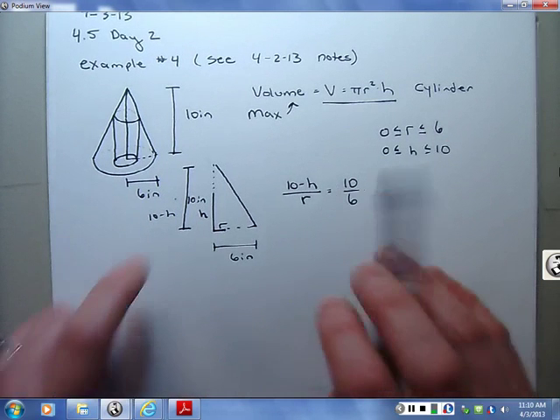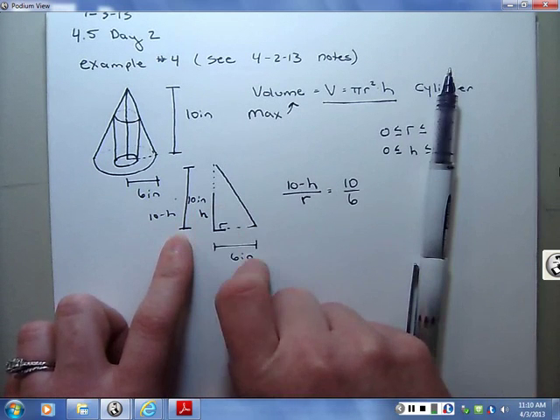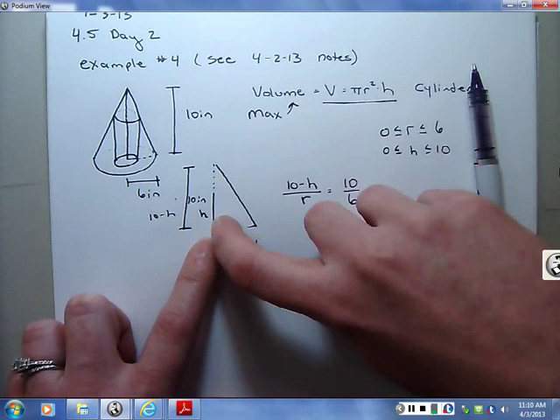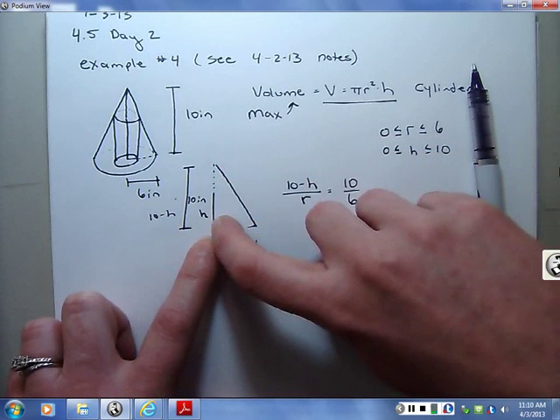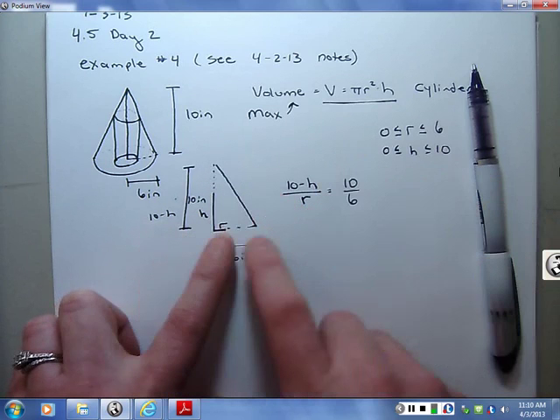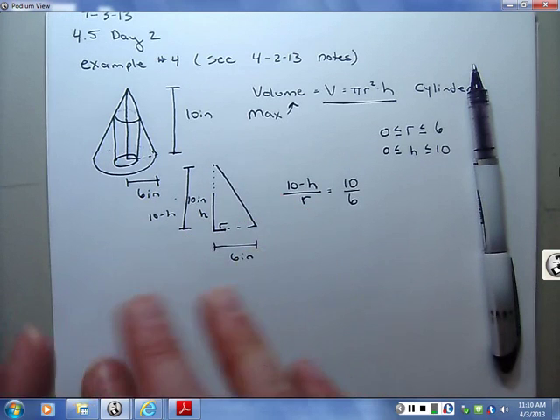Okay, so using similar triangles, I need to find a relationship between h and r. This distance here would be 10, but I need it as a function of h. There are various different ways; I could also write it as a function of r. Similar triangles, there's multiple ways to look at it.